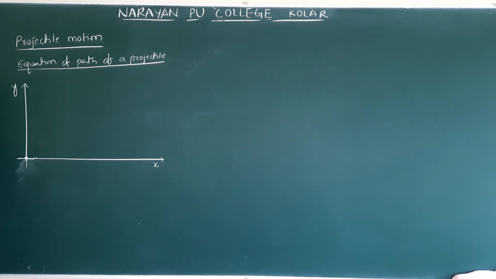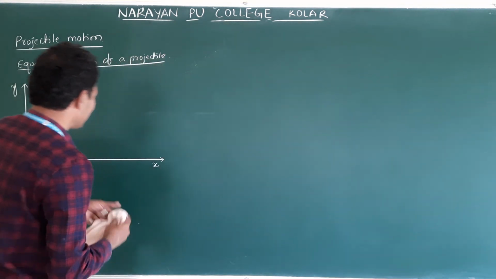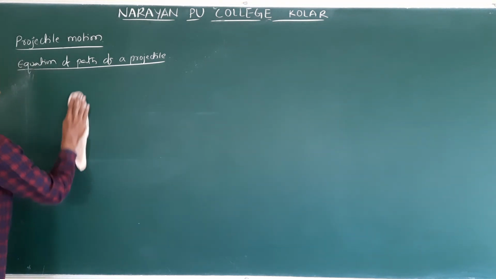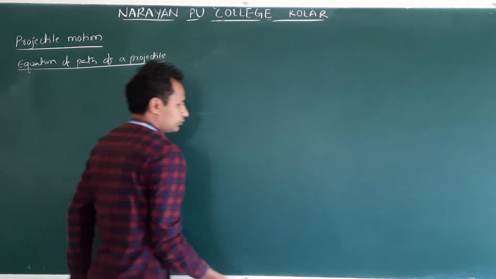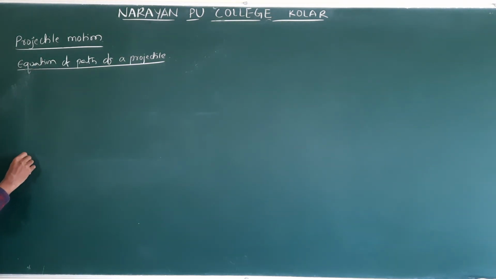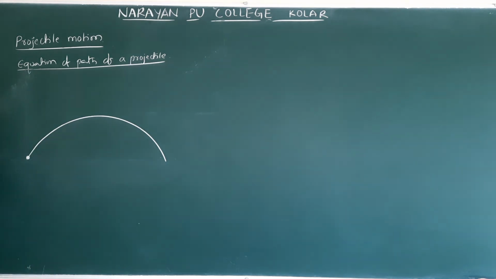Otherwise we will consider like this to avoid confusion. Now this is an object. It is thrown, projected. Here it moves like this.